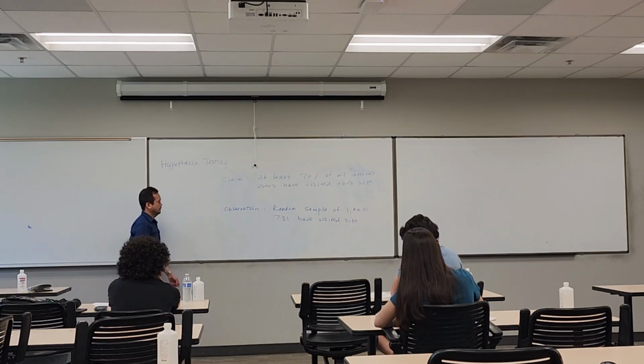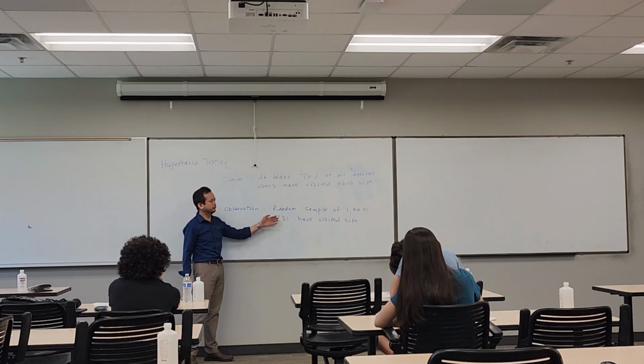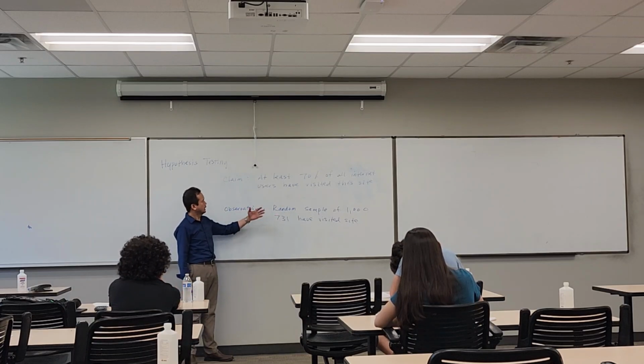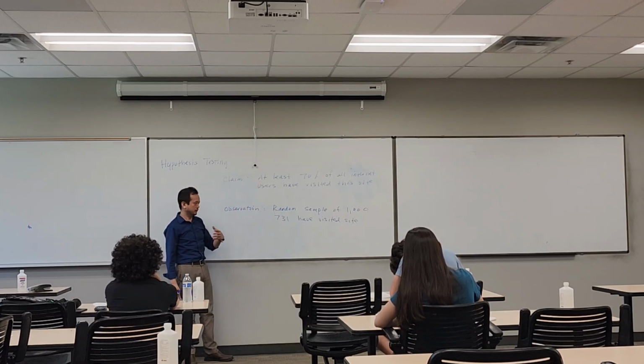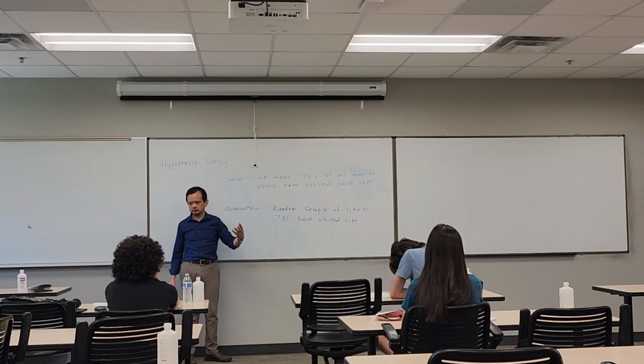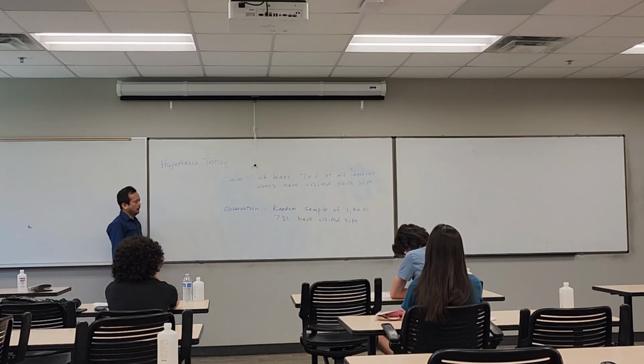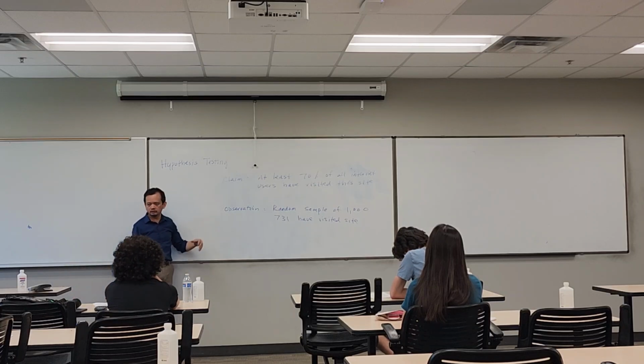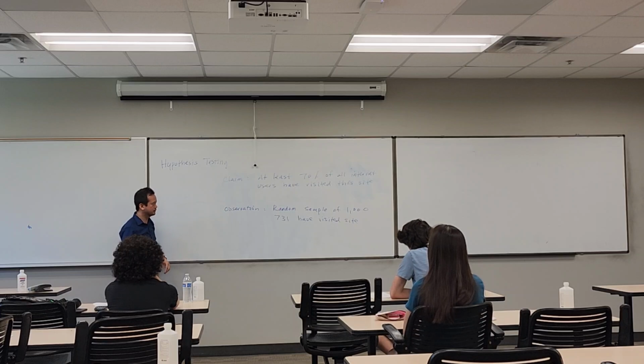So the question is, is this observation good enough for you to make a conclusion about this claim? Can you now make a definitive conclusion as to whether this claim is true or not? And we're going to use hypothesis testing to make a conclusion about this claim for the population.